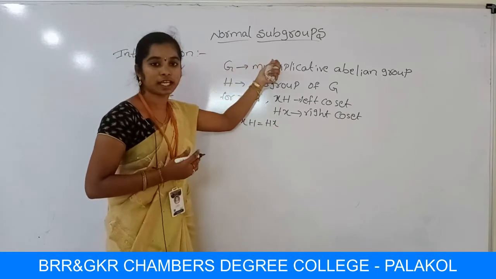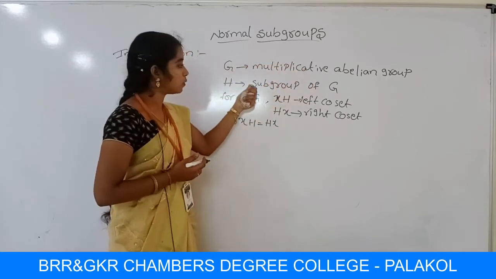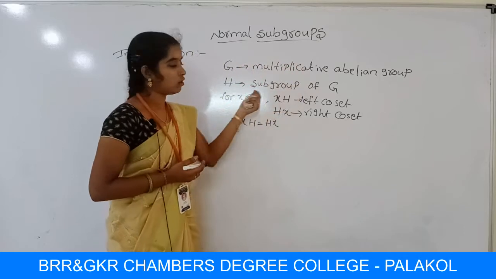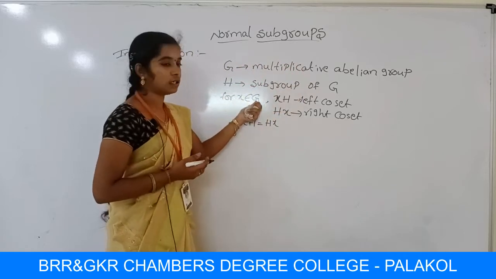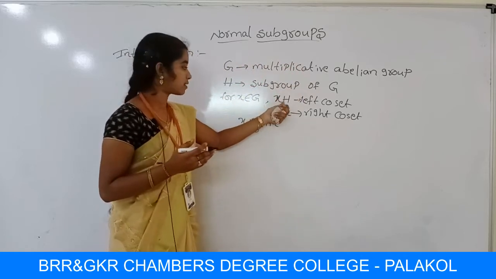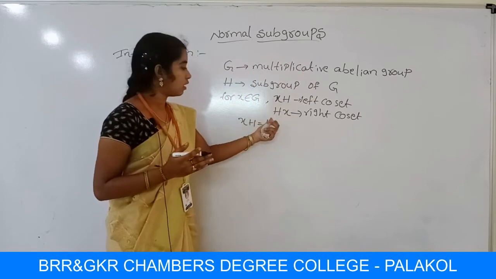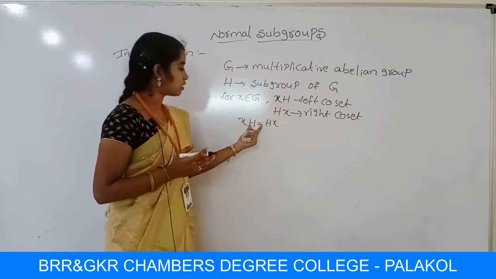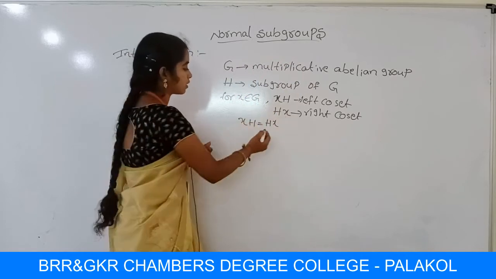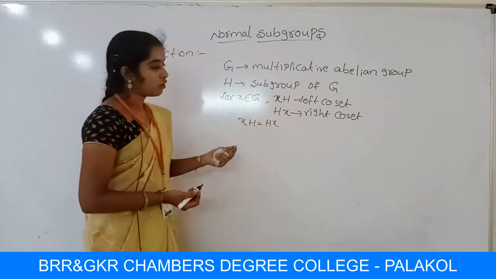Let Z be a multiplicative abelian group and H be a subgroup of Z. So for x belongs to Z, the left coset is xH and the right coset is Hx, such that Hx is equal to xH.